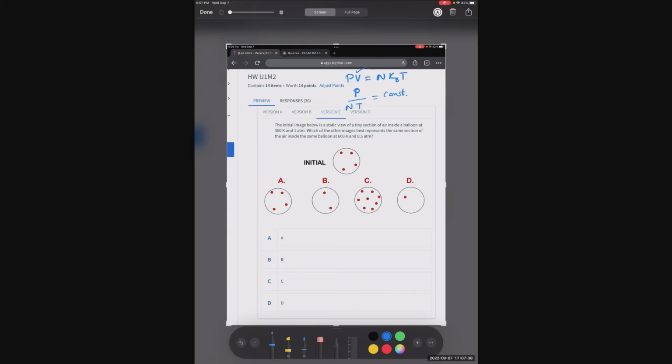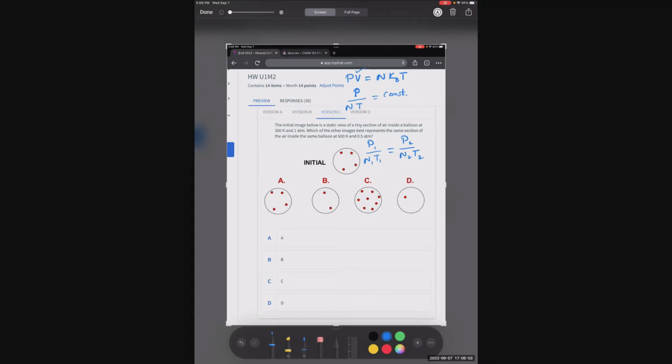We have P1, so that means we have the initial conditions. We have the pressure 1 divided by the number of particles 1, and then T1, and that must be equal to P2 divided by N2 and T2.